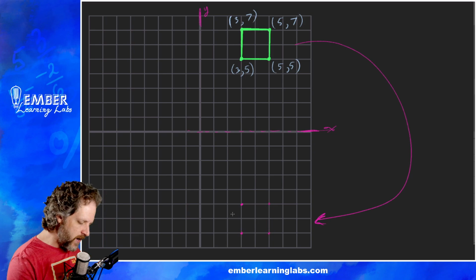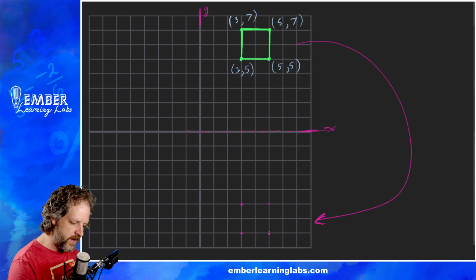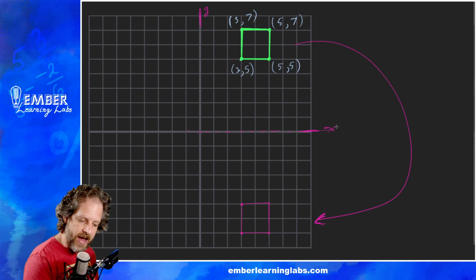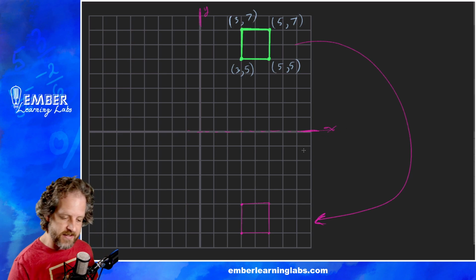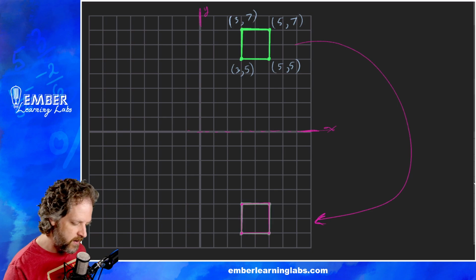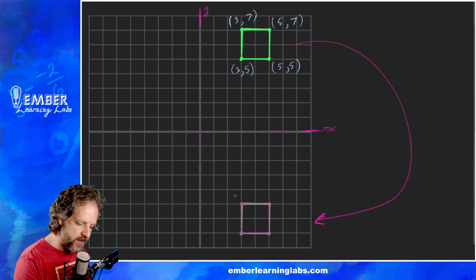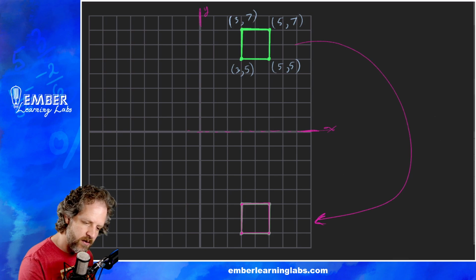So what are these points going to be? If we flip this across the x-axis, what are our points? Well, for the x part, it's going to stay the same. The axis that we flipped over stayed the same. I'm going to pull up my pre-drawn one right there. There it is. Okay, so if we flip it over, the x part stays the same.